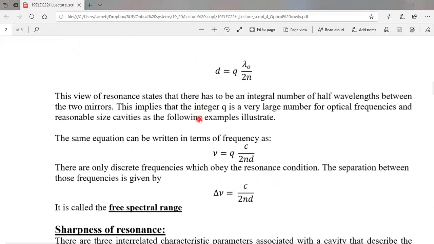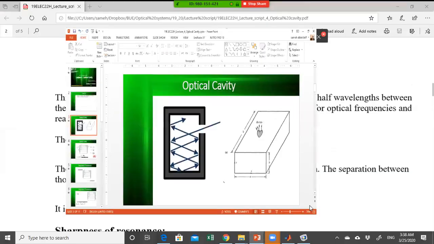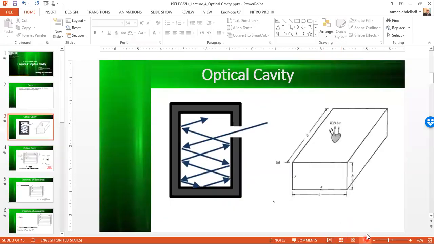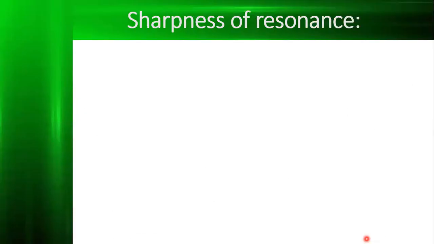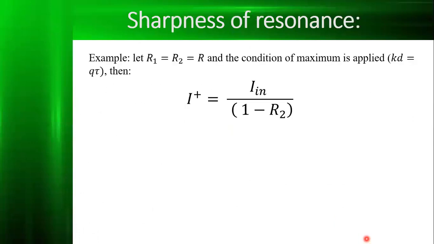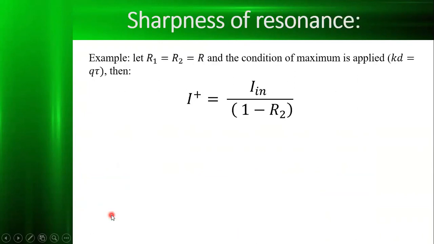Finally, I would like to show you a very important graph. Of course, we make this step by step. This is the transmission equation, and this is a very important graph. This is the transmission T versus the phase, which is the integer value.